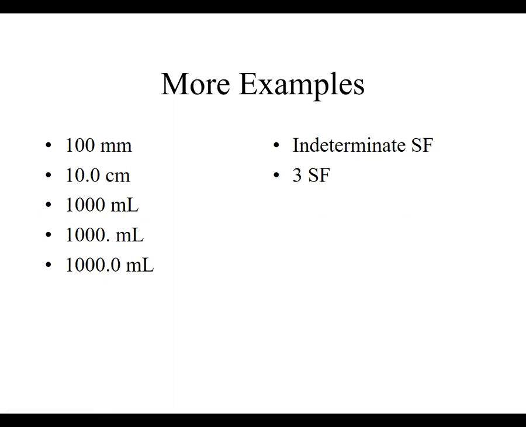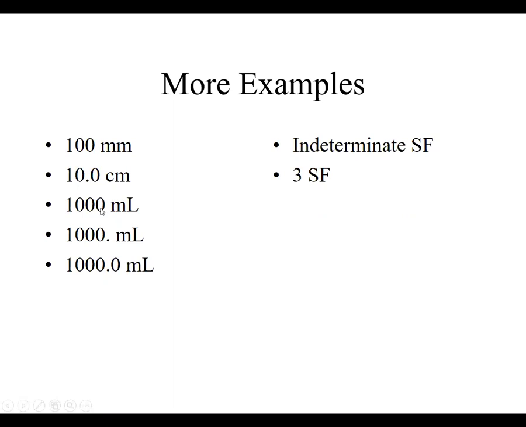Or it may be that the estimated 0 is this second one here, the one that's in the tens position. So that now we know it's somewhere between 990 milliliters and 1,010 milliliters. Or in other words, give or take about 10 milliliters around that nominal 1,000 milliliter value. That would have 3 significant figures. If it has 4 significant figures, then that means that last 0 is the one that's been estimated.